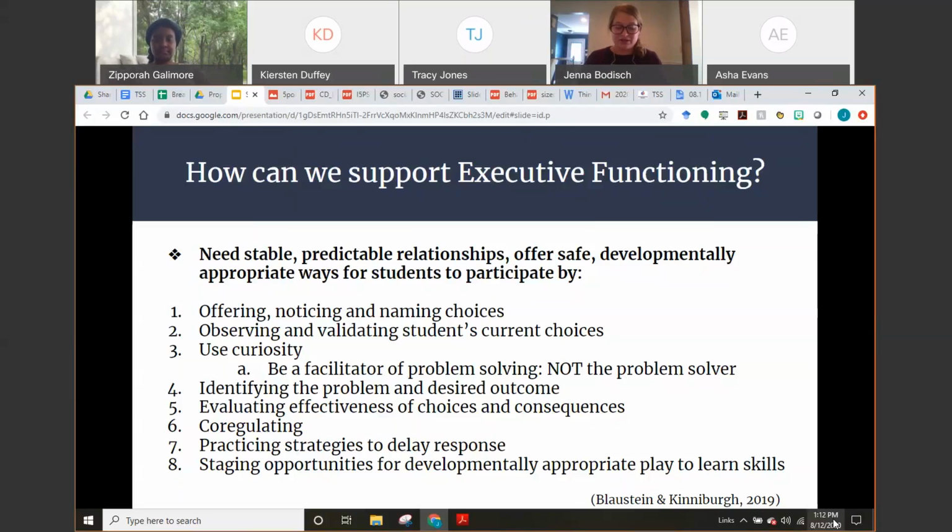So ensuring that you're regulated and that you can manage your emotions is very important here. And if you can't, sometimes it's really, really difficult to manage your own emotions, and that's okay. So then maybe tag out, another person come in, right?